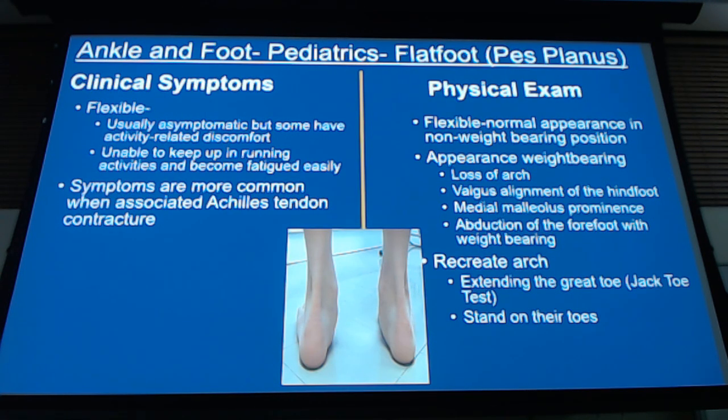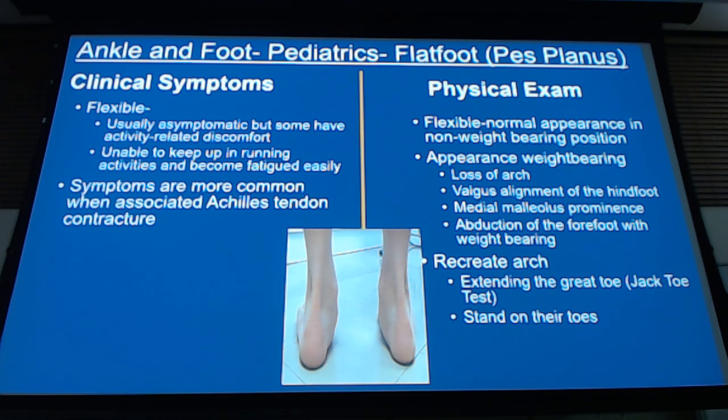Now, in a flat foot situation, remember that the forefoot is always abducted, right? As opposed to a club foot situation where it's adducted. Yes? Okay. So, you can try the jack toe test, and it works sometimes, sometimes it doesn't, right?